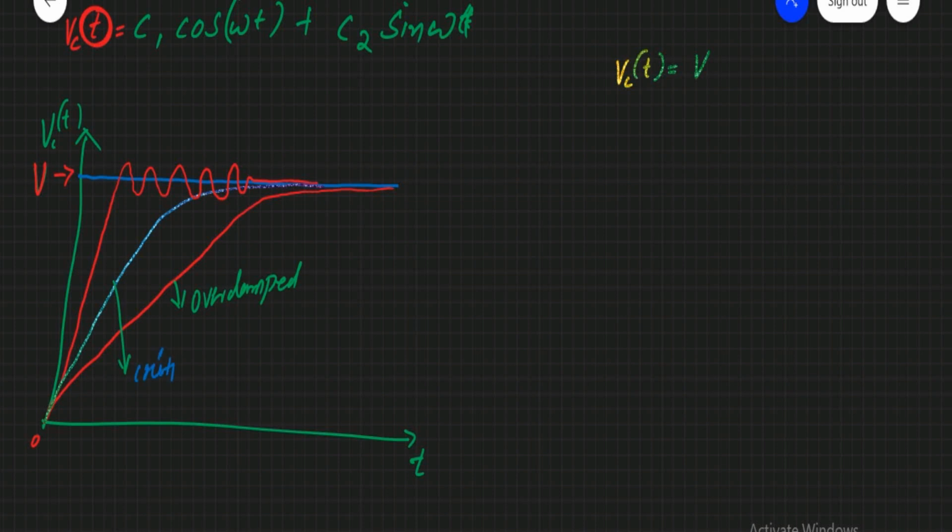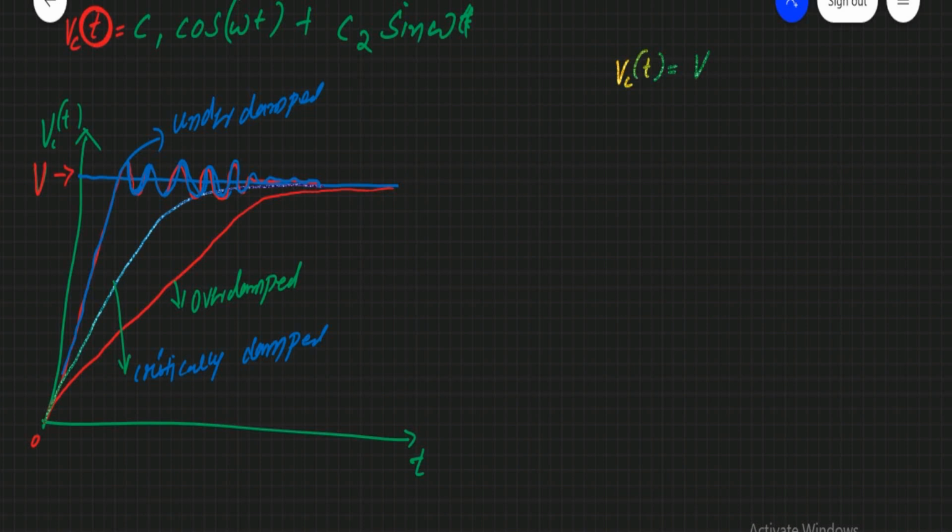So the red line indicates your overdamped.